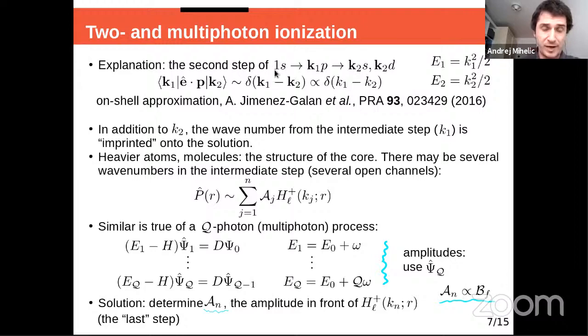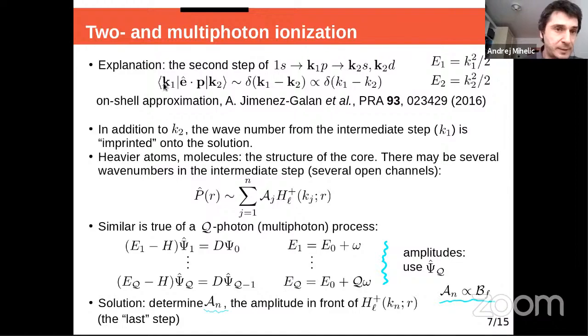We start from 1s, and if we are above the threshold, we proceed through some continuum state, and by absorbing another photon, we end up in a higher lying continuum state. This second step of the two photon absorption path is described by the dipole matrix element, the continuum matrix element, which has this kind of form.